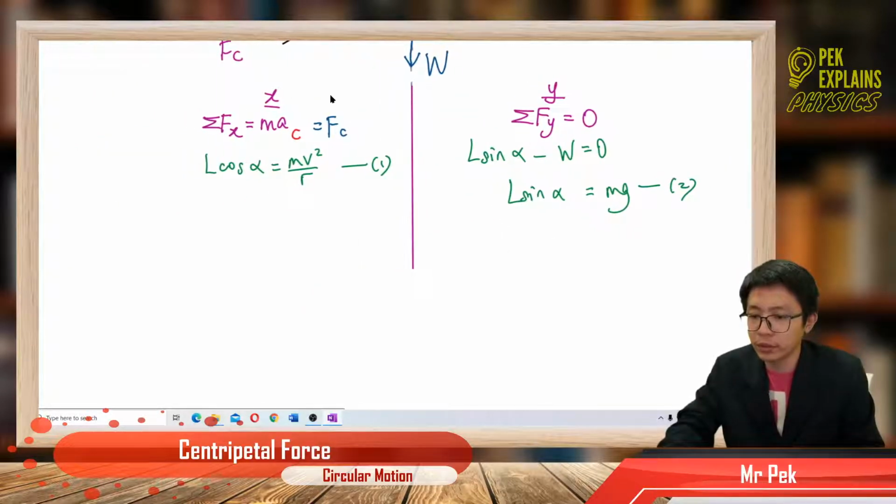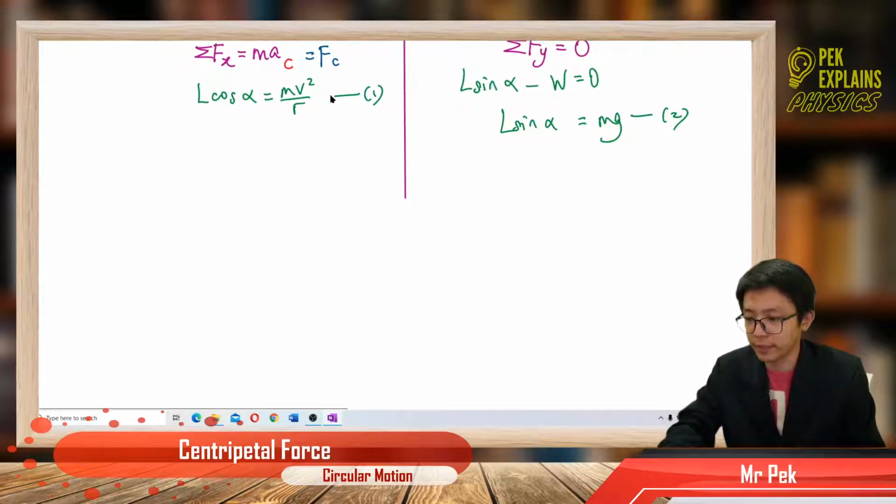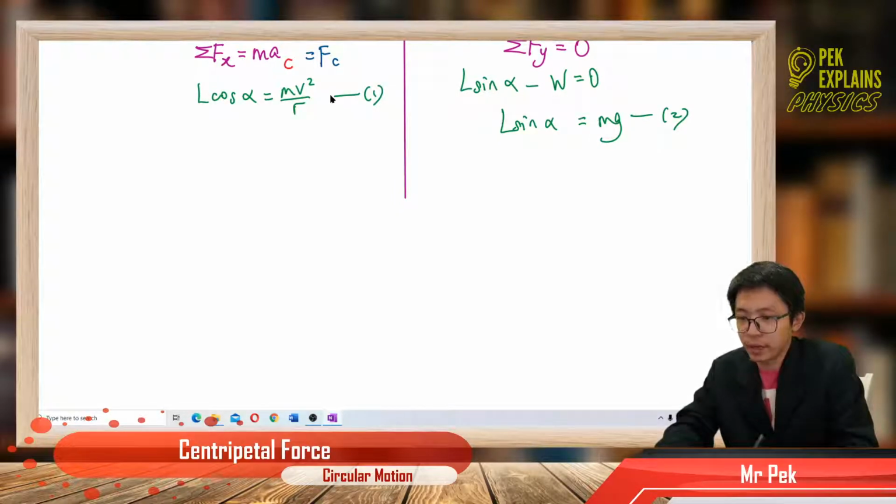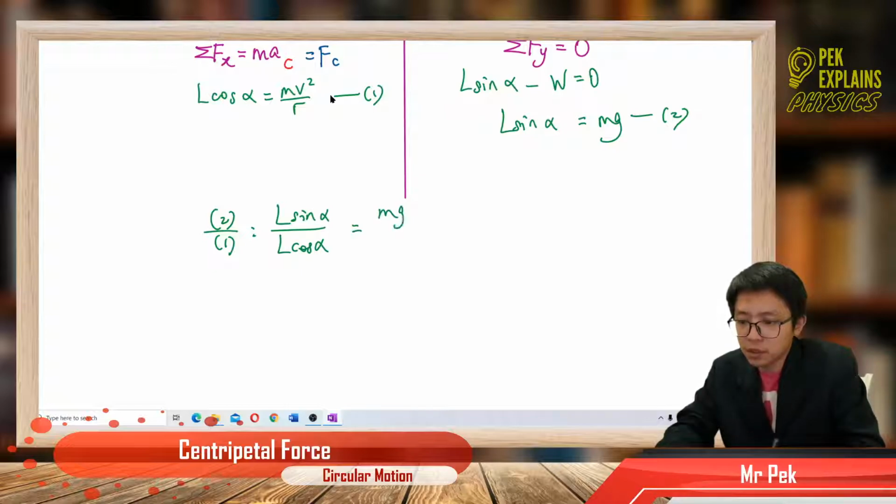Okay, so now what we do, we can divide them, sine divided by cos. So 2 divided by 1, because we want sine divided by cos. So L sine alpha divided by L cos alpha equals mg divided by mv squared over R. Okay?